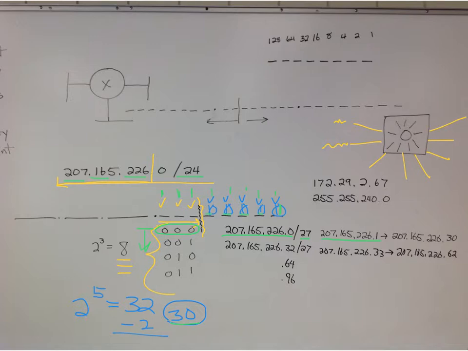So our last option would be 30. We could have addresses 1 through 30. 31 would be all ones. So for 30, there would be a 0 there. Get it?